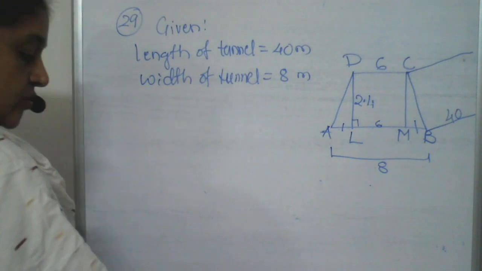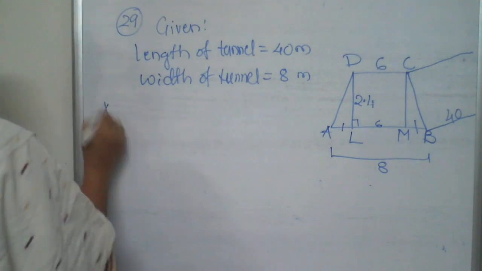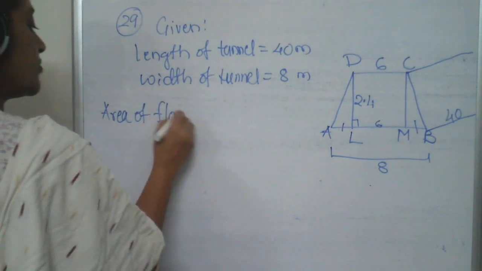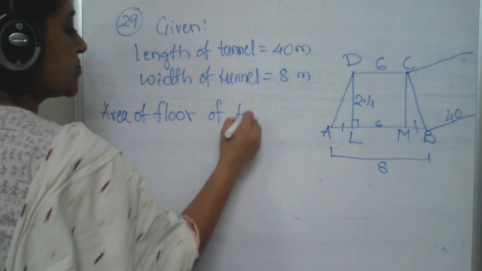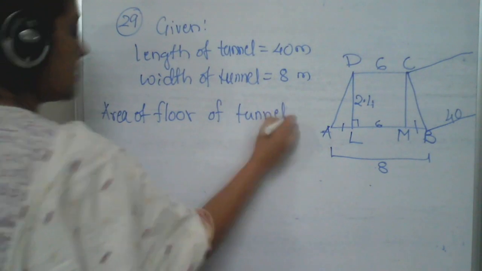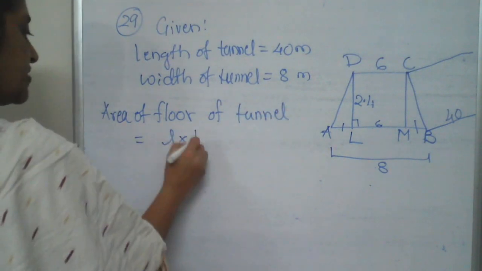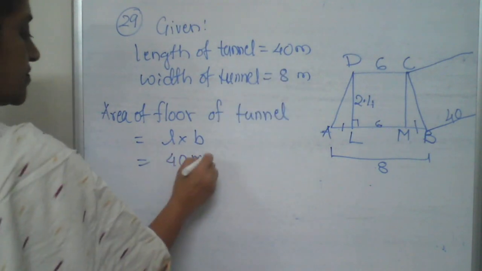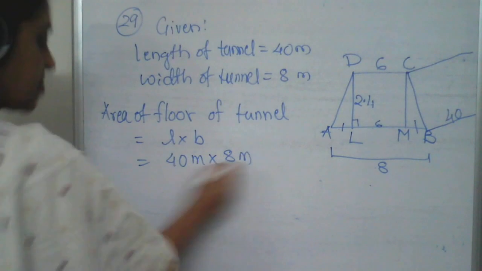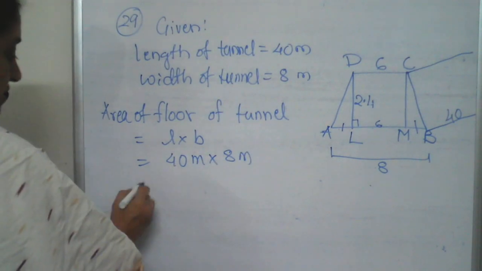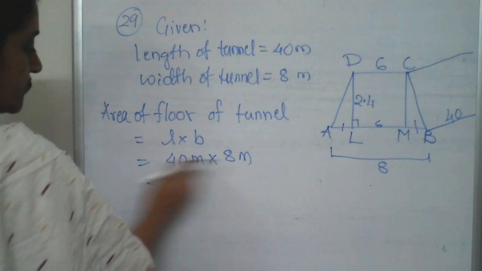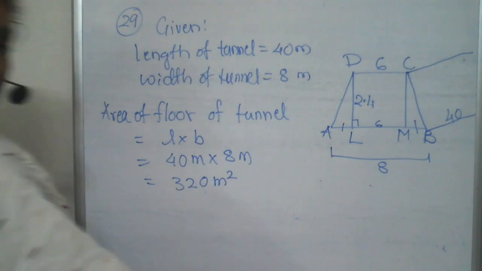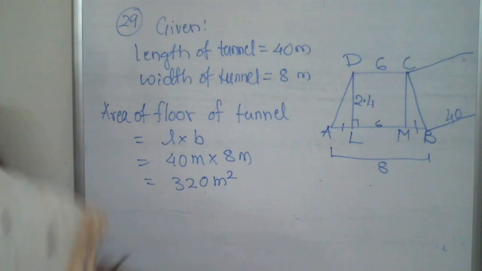So area of floor of tunnel is equal to L into B. That means length 40 meter into breadth 8 meter. How much do you get? 320. 8 fours are 32. 320 meter square.